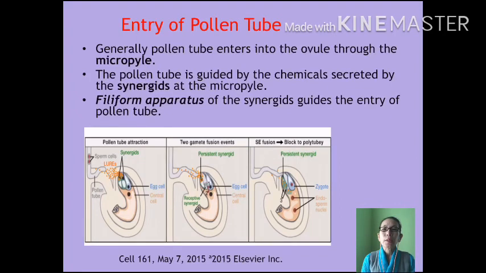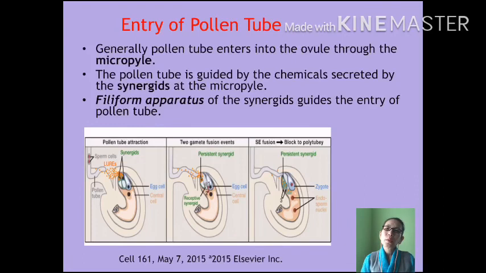These synergids are able to produce proteins called lures, as seen here in the figure. These lures are chemicals which can attract the pollen tube, and hence they are called pollen tube attractants.